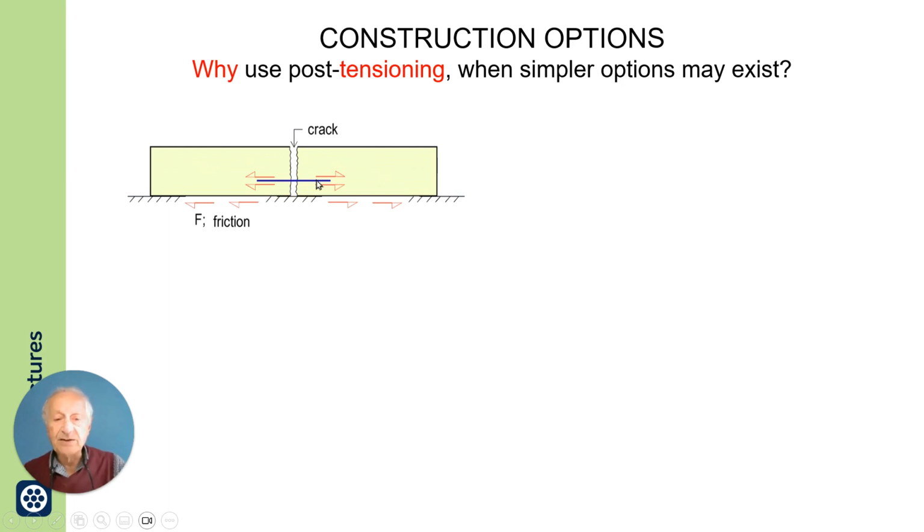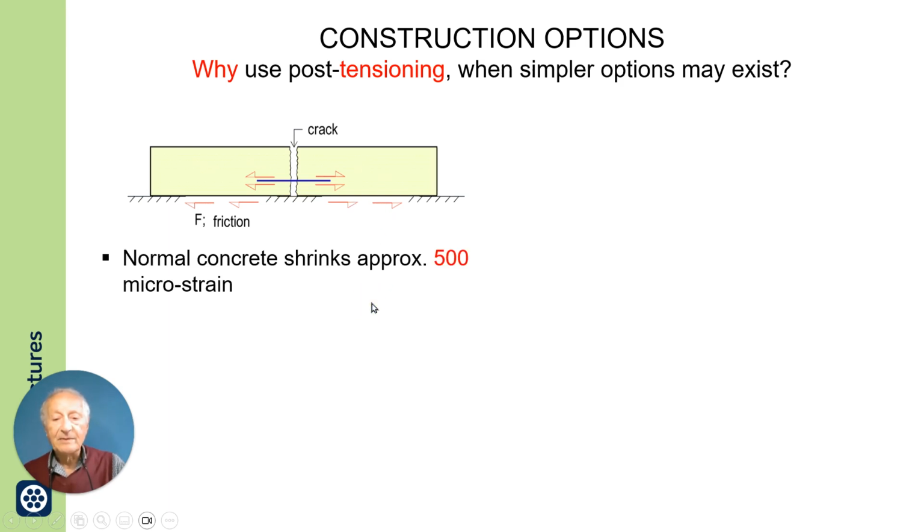And the remedy is typically to put rebar, enough rebar which will go across the crack, and rebar obviously will develop tension, and the tension in rebar will be transferred to friction between the slab and the ground. That is how it is handled if there is no post-tensioning.